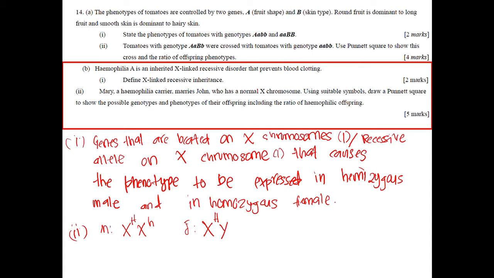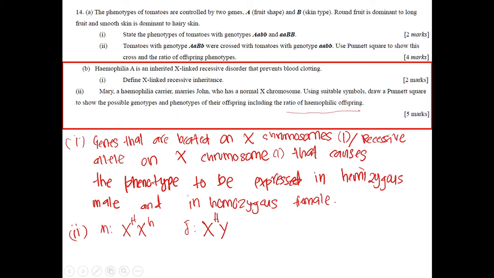So using suitable symbols, draw a Punnett square to show the possible genotypes and phenotypes of the offspring, including the ratio of hemophiliac offspring. So maksudnya di sini dia mau phenotypic ratio, tapi dua-dua lah, genotype dengan phenotype.